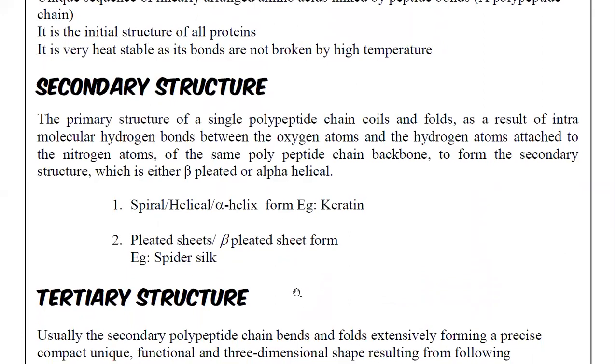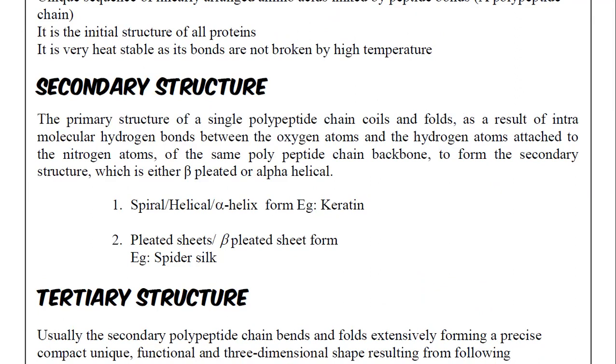Clear, sir. Good. So what is the example given to you for alpha helix? Keratin. What is the example given to you for beta pleated sheet? Spider silk.